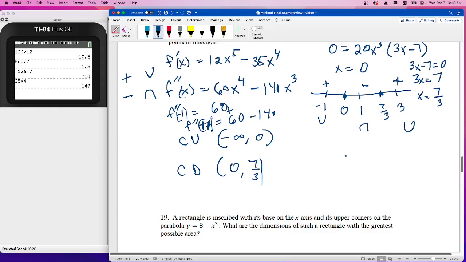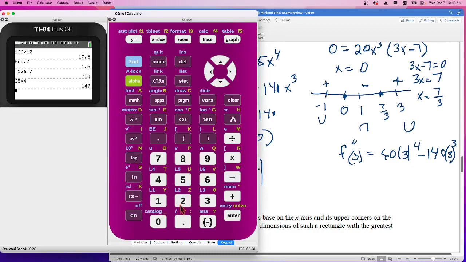Well, we're getting big numbers, but let's go ahead. 60 times 3 to the 4th, minus 140 times 3 to the 3rd. 3 to the 4th is 81, times 60.